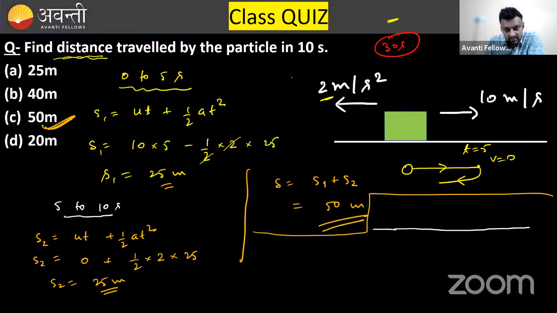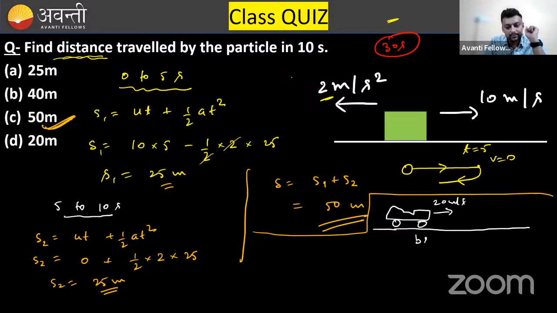Just try to listen. Let's suppose there is a car. I don't know how good it looks, but this is a car, a Ferrari kind of car. This car is moving with, let's suppose, a certain velocity of 20 meter per second in the horizontal direction like this. And suddenly the driver applies brakes.